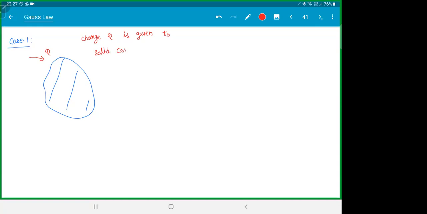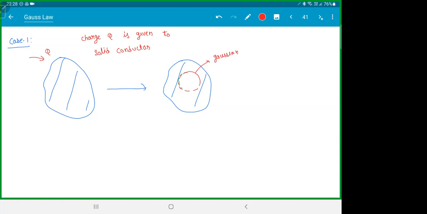So you have a solid conductor and you give it a charge. Let's assume some charge has gone inside. So let's assume we have a Gaussian surface. Consider an imaginary Gaussian surface. Now, tell me one thing.